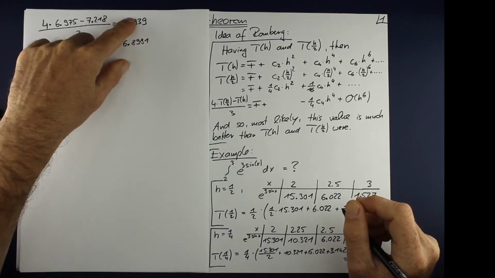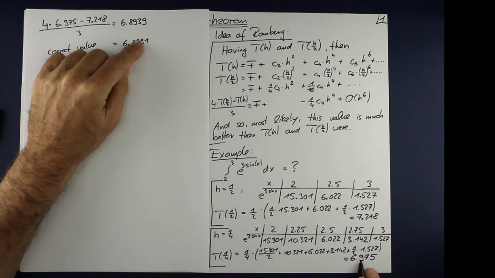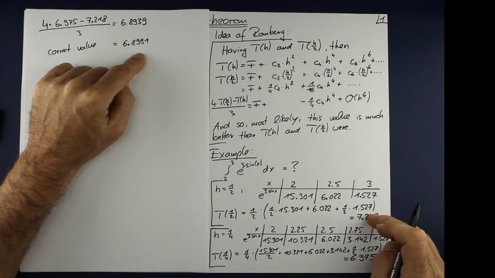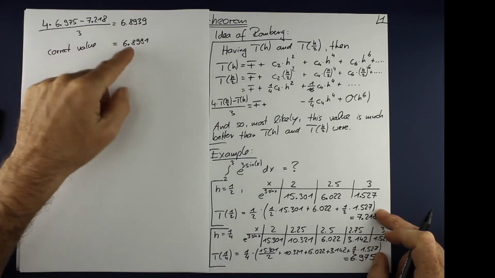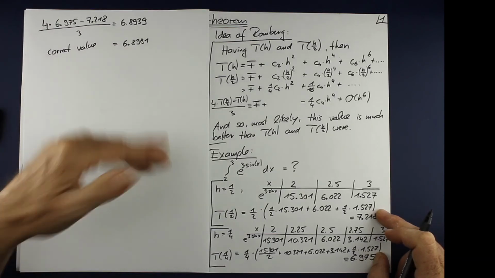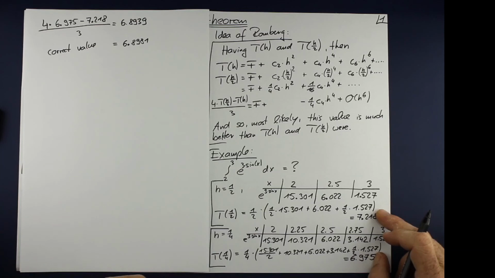And so let's check, we are very close. The first 2 digits after the decimal point are correct. And here they were not. So with the help of these 2 values, we can get a much better value. And that is kind of a miracle. At least for me, this is kind of a miracle.